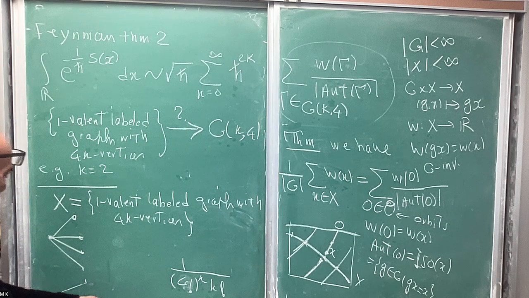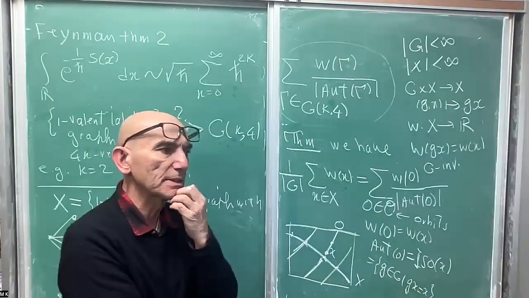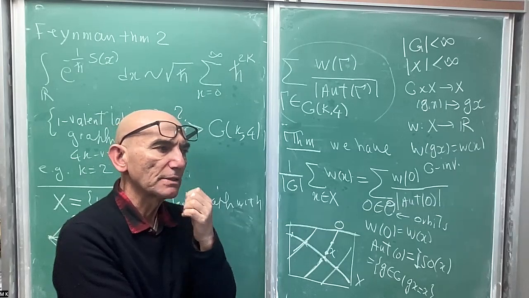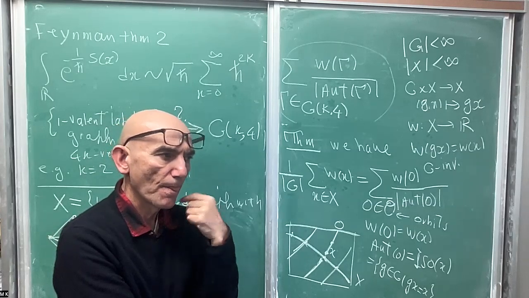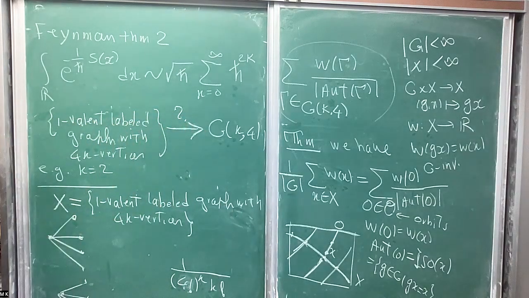After you get this, imagine we have one class, and then we look at the set of automorphisms of that graph.